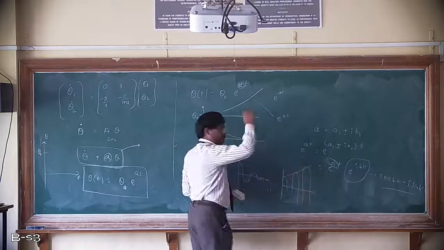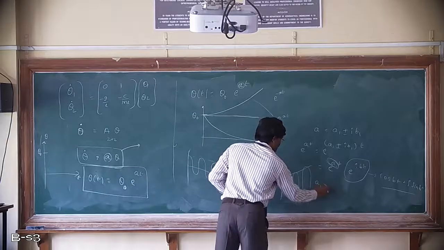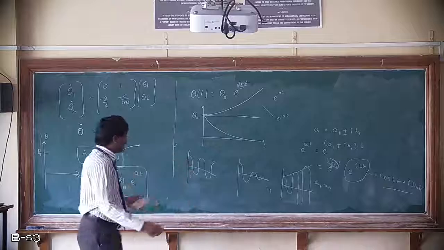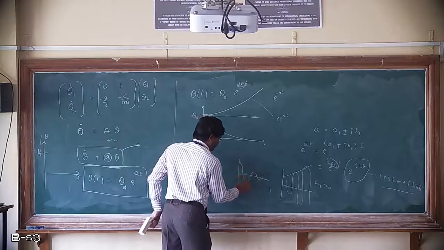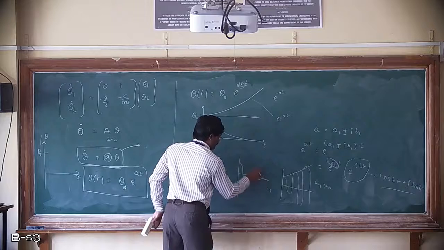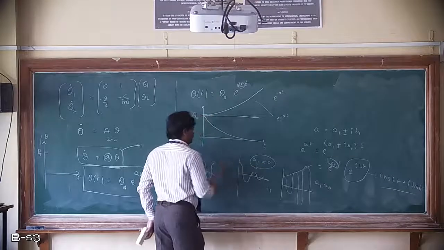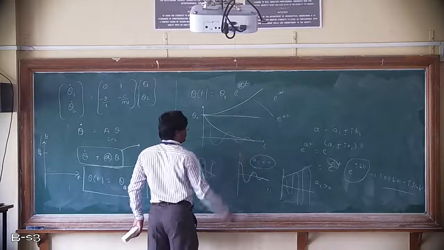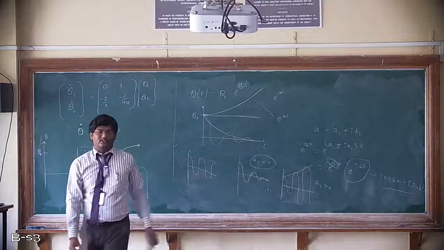That means if real part A1 is greater than 0, oscillations increase. If the real part of the complex number is less than 0, we will get this type of response, A1 is less than 0. If you project these things on this graph, you will get like this.